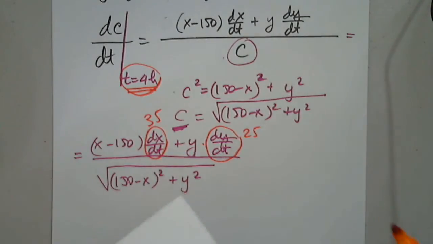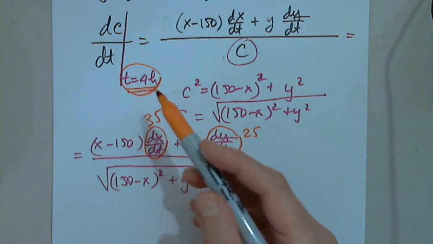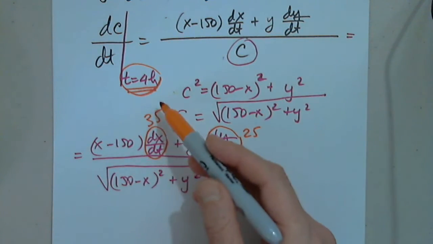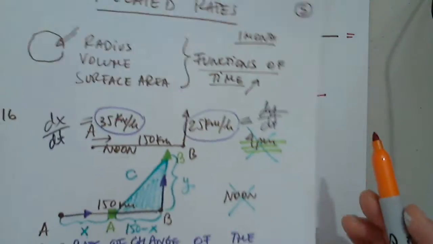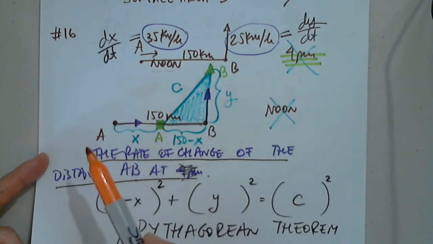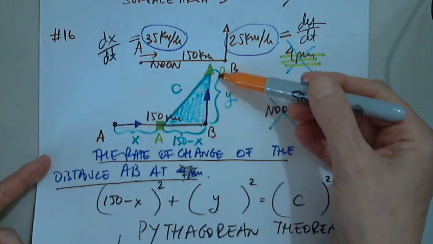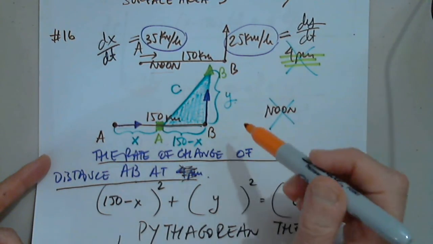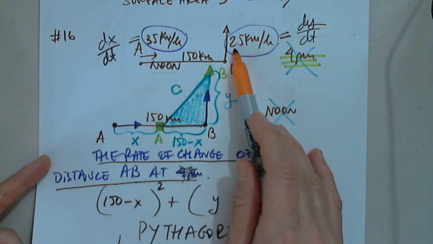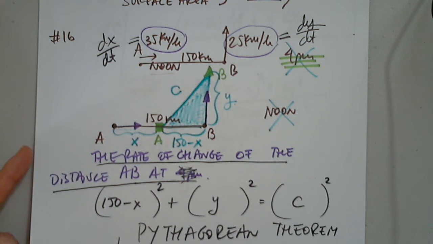Okay, so now I have to consider it. I have to find X in 4 hours, and I have to find Y in 4 hours and put them in. So what is the distance covered by A in 4 hours, knowing that the speed is 35 kilometers an hour? What is the distance covered by B in 4 hours exactly, knowing that the speed is 25 kilometers an hour? 4 times 35, that's 140.